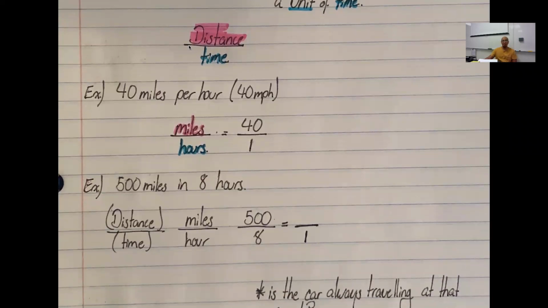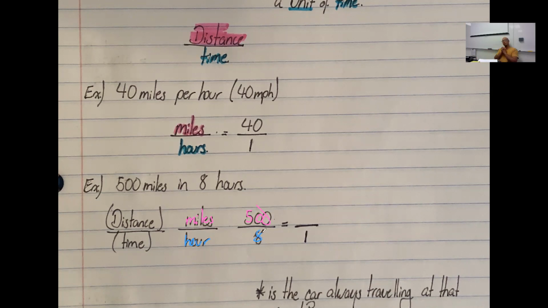We have miles in the numerator. That is our distance, 500 miles. And we're comparing miles to hours, distance over time, miles over hour.